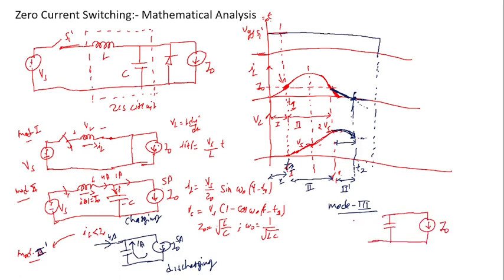The rest of the part in this direction acts as an open circuit because the current there is 0. So all the current will be carried by the capacitor. Which current? Load current. So the capacitor will draw the I0 current in a discharging fashion.